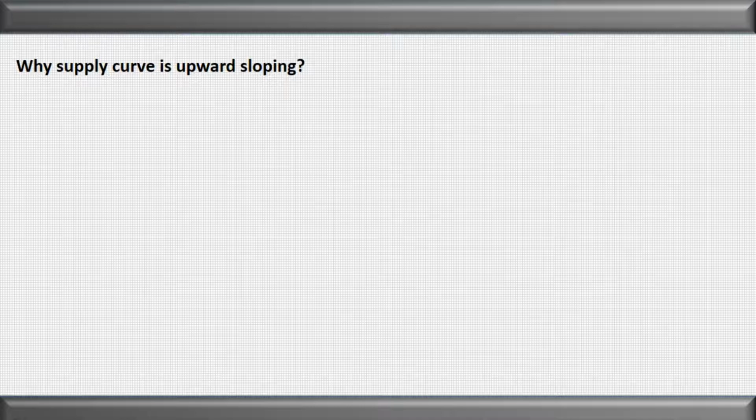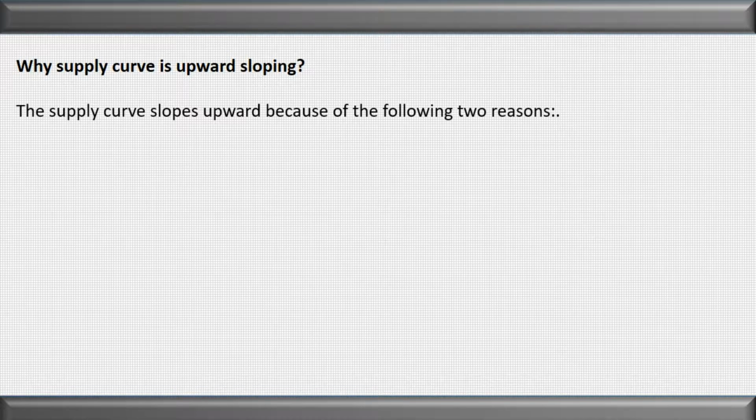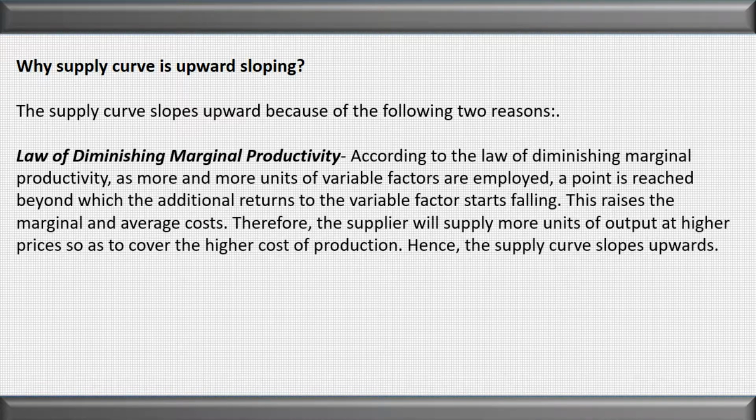Now the next important question. We have seen that in the case of the law of supply, there is a positive relationship between price and supply. Let us see why there is a positive relationship. Why the supply curve is upward sloping. The two reasons are there. Number one, law of diminishing marginal productivity.